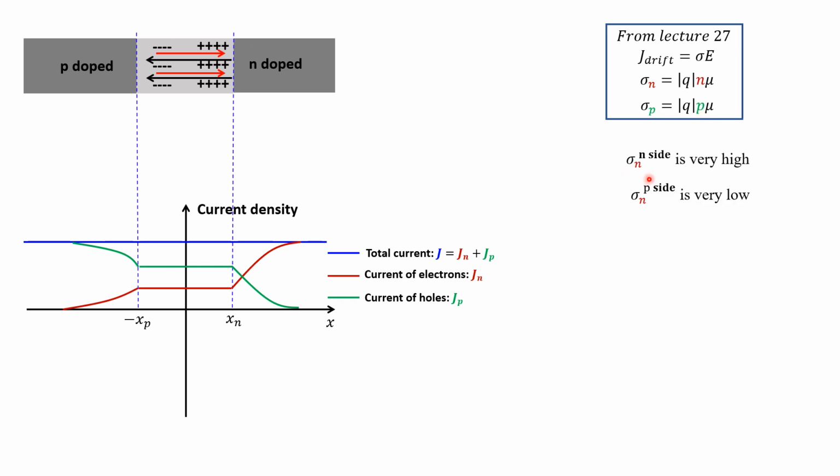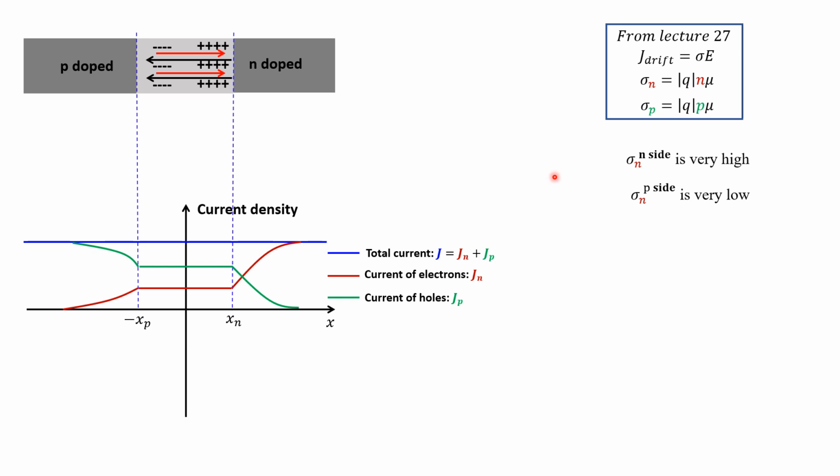So the first feature to notice is that the conductivity of electrons in the n side is very high. And that makes sense because in the n-doped region, the n side, the concentration of free electrons is very high. So the conductivity of free electrons is also very high.